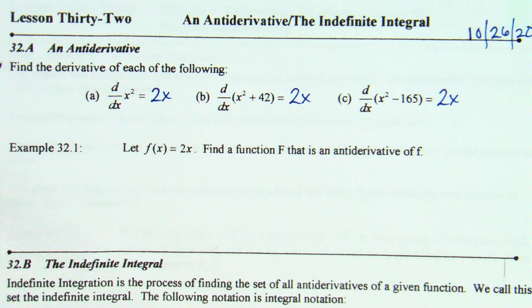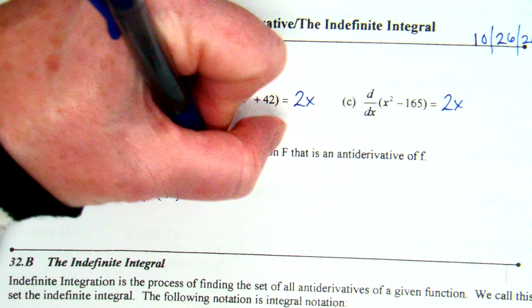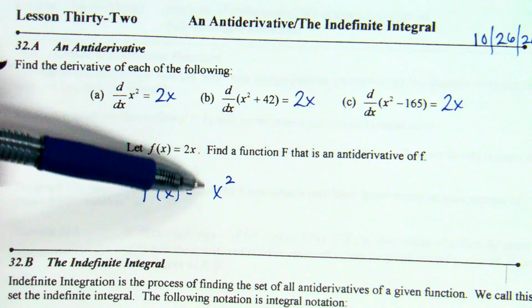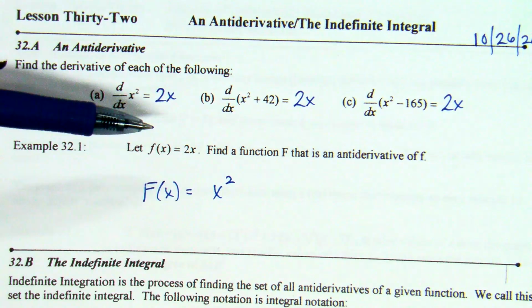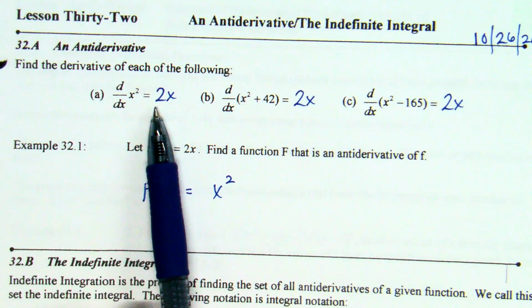If it's x to the first, when you add 1 to the exponent, it's going to be x to the second. And then divide by that new power out front. Well, that 2 divided by that new power of 2 cancels out and you have 1. This is an antiderivative, yes, because the derivative of x squared was 2x.